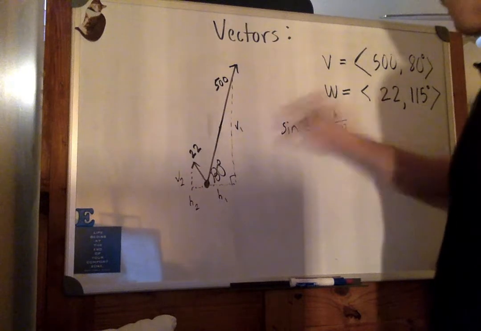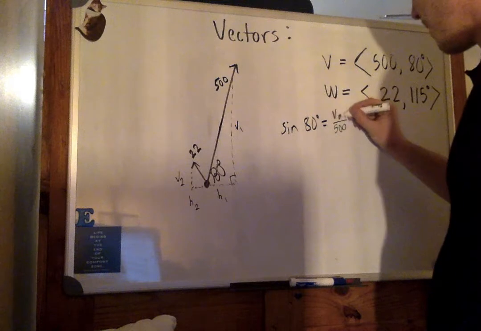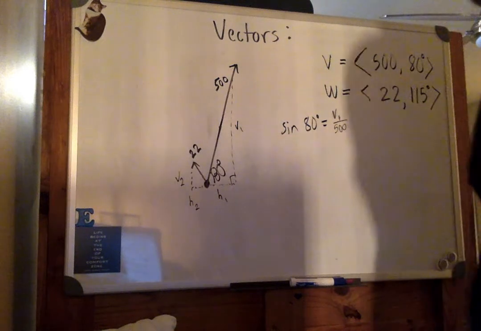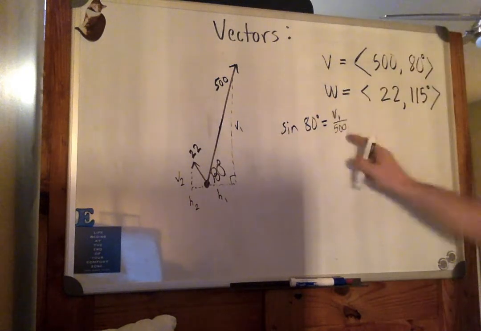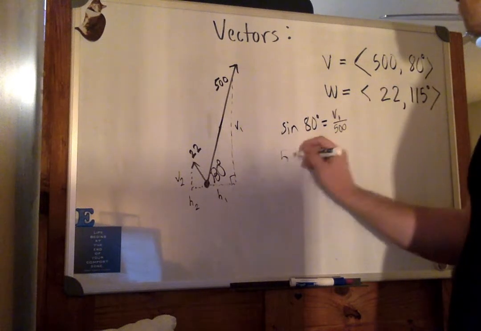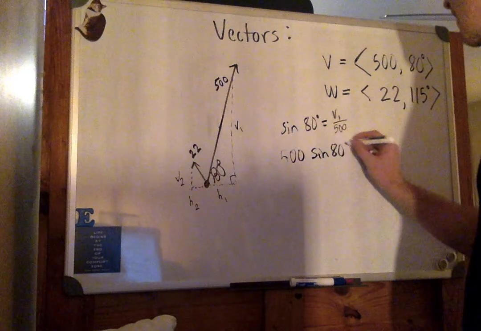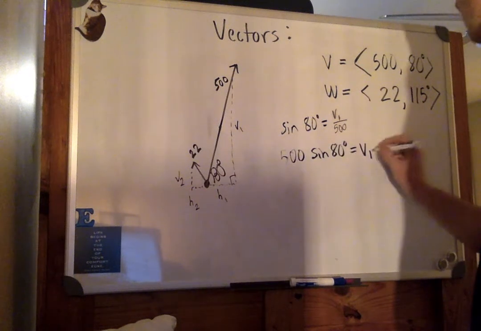Or V1. V1's opposite, not H1. Sorry, see? Got to think all the time. V1 over hypotenuse, which is 500. Now, to solve for V1, I could multiply both sides by 500. So I'll end up finding that 500 times the sine of 80 degrees will equal V1.